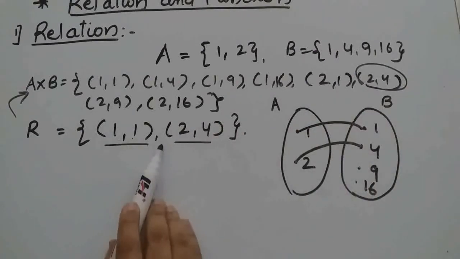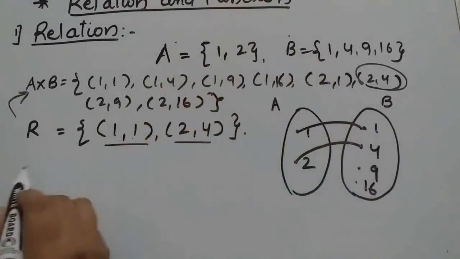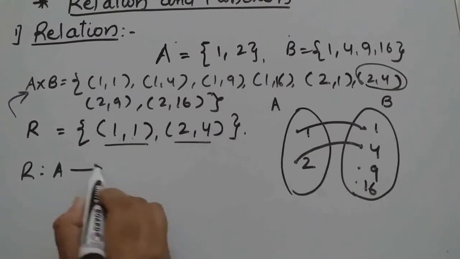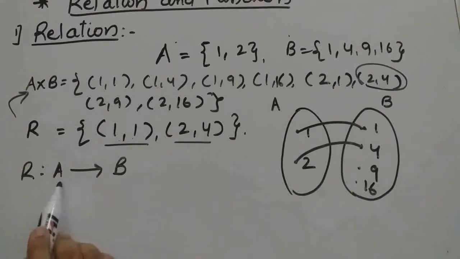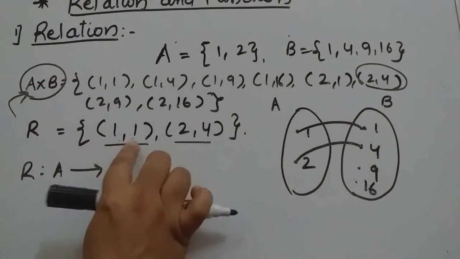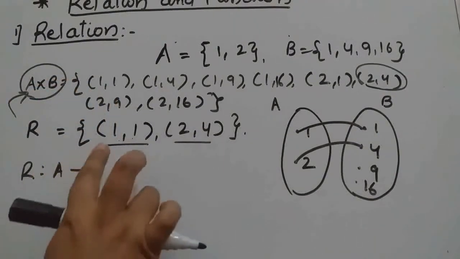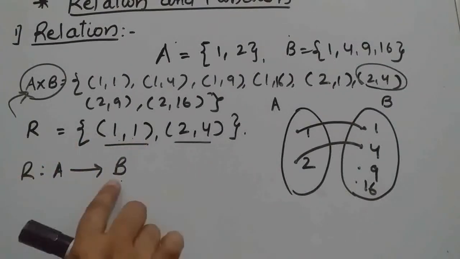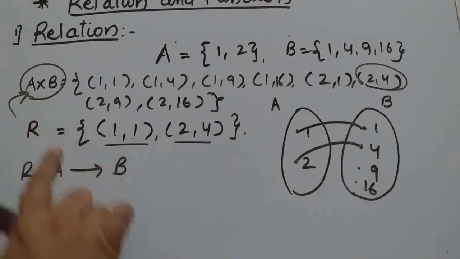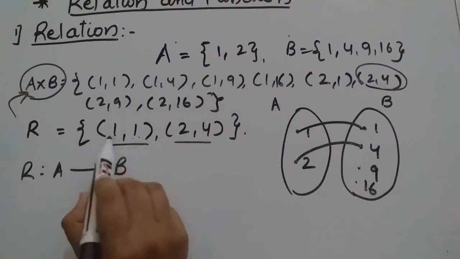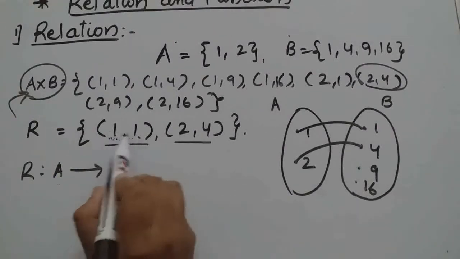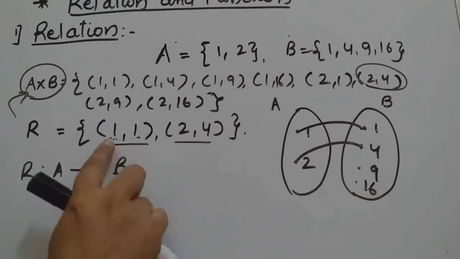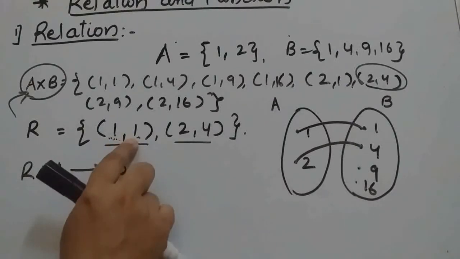So relation from A to B we will write like this. Relation from A to B is a subset of A cross B, isn't it? Because in relation, elements will be of the type ordered pair. So relation from A to B is a subset of A cross B, and each element of the relation describes the relationship between two elements, two numbers, first number and second number.